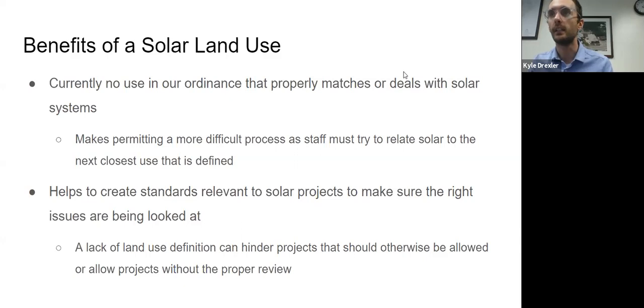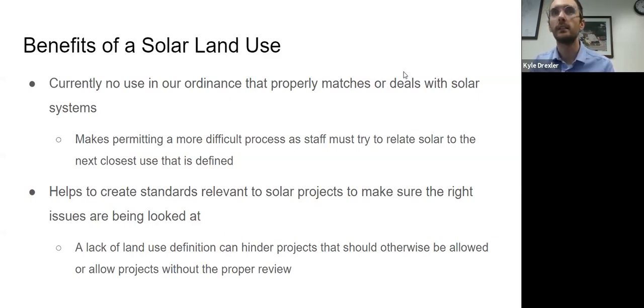Currently, there isn't anything in our land use ordinance or our table of uses that matches what these projects are, and it makes the permitting process for both staff and the applicants more difficult than it needs to be, because staff were trying to relate what the project is to the next closest thing, and there just isn't anything really that comes that close.